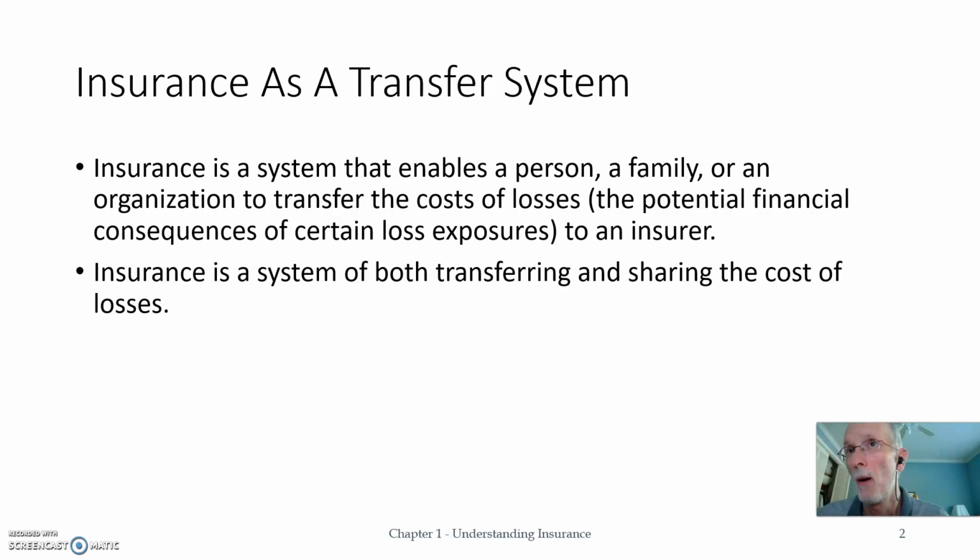So that if a bad windstorm came and damaged your roof, you'd have the savings to repair the roof. If you had transferred that loss exposure, you would have most likely gotten a policy from an insurance company that would pay for those losses when certain predefined occurrences came to pass.